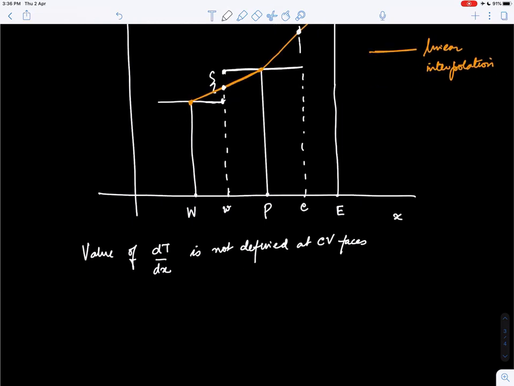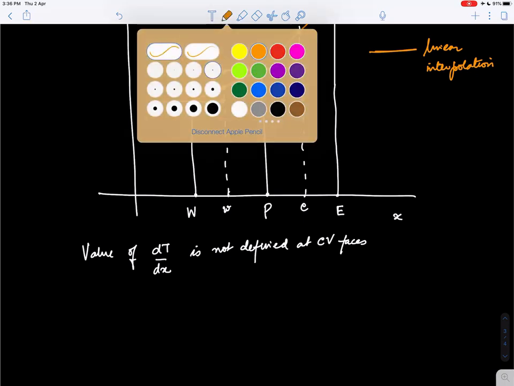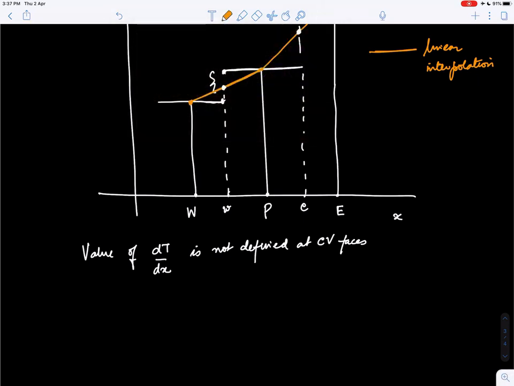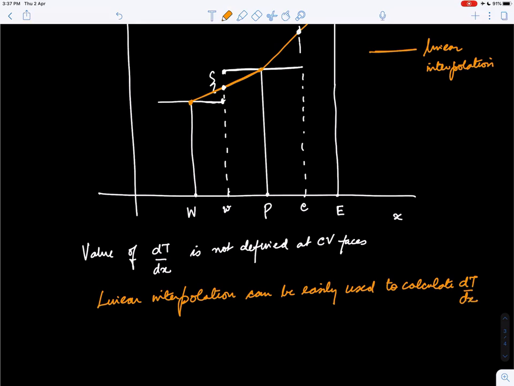Now this linear interpolation is a preferred form, because the linear interpolation can be easily used to calculate dT/dx, and so that makes it the preferred form.